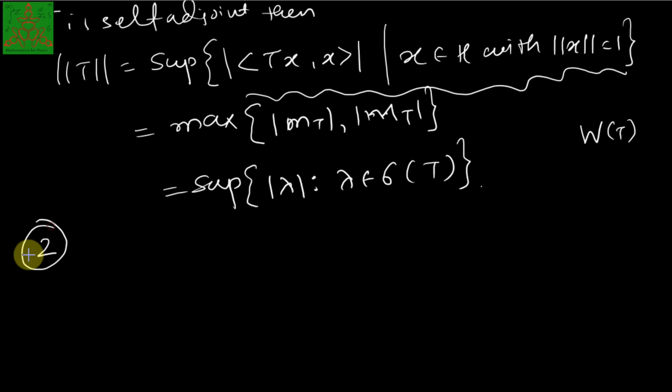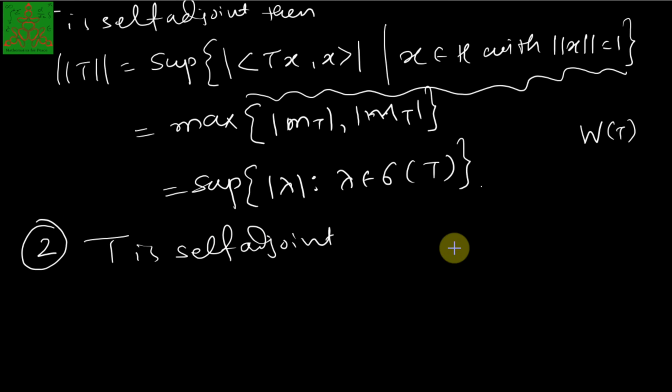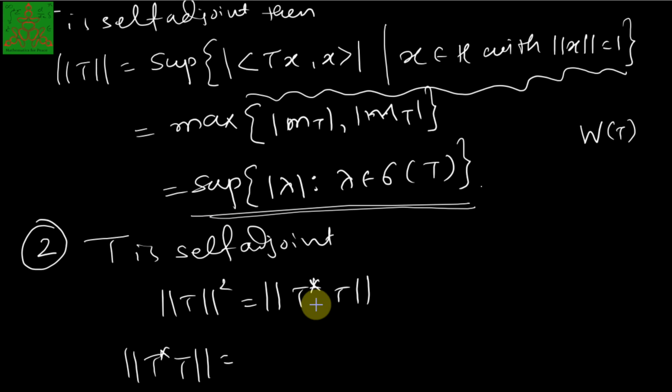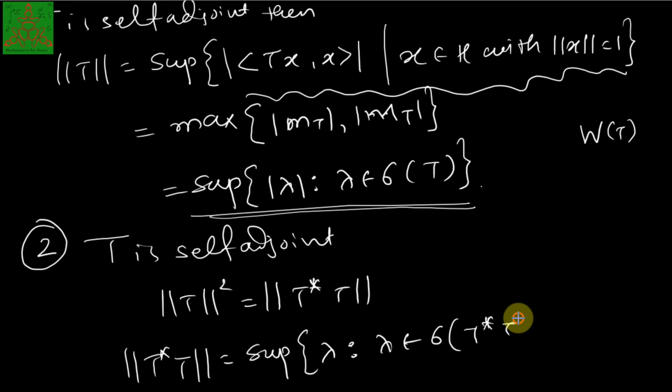Now for the second result, T is a self-adjoint operator, so the norm of T square is the same as norm of T star T. By the result which we have here, the norm of T star T is the supremum of lambda such that lambda belongs to the spectrum of T star T. But due to this result, this quantity is nothing but the norm of T square.